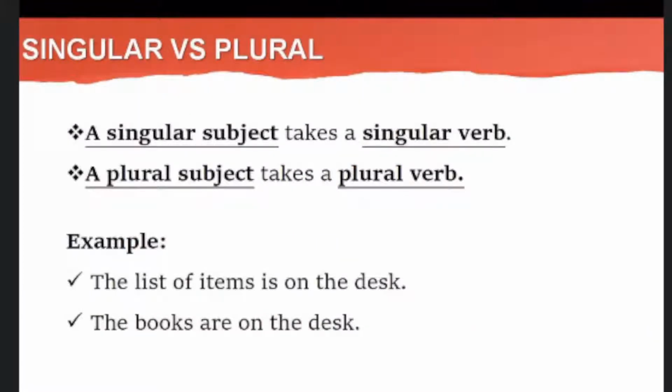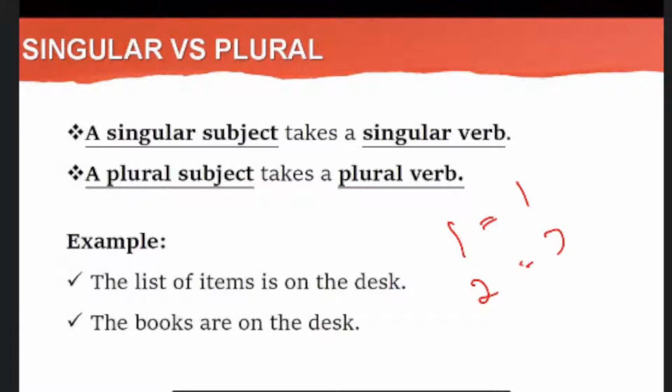So if you love to do some equation or formula, you can simply put it as 1 equal to 1 or 2 equal to 2. It means that if there is only one subject, the verb should complement it. It should agree with the quantity or the number of it.